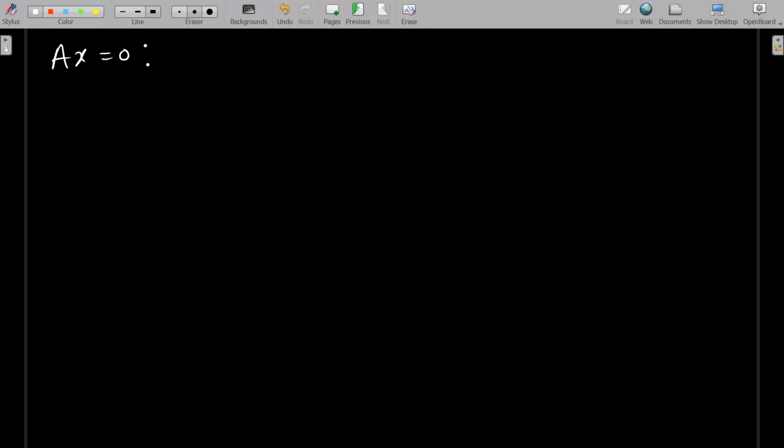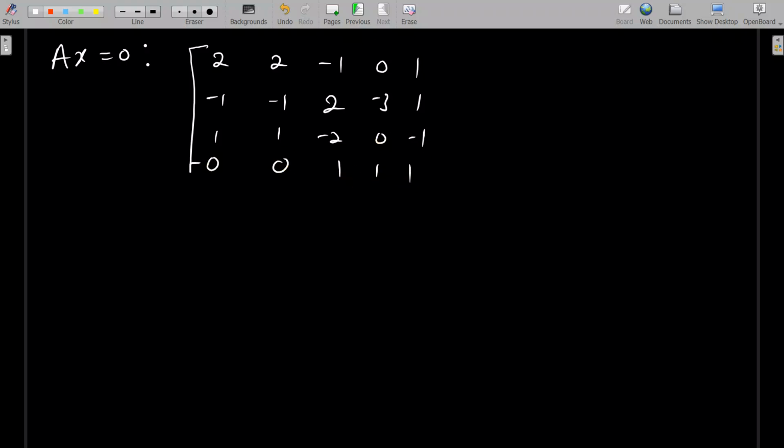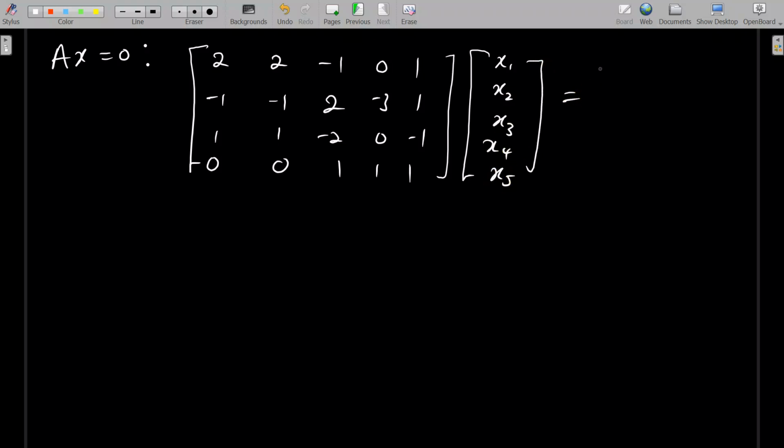What we mean in math is you write your A as 2 2 negative 1 0 1, then negative 1 negative 1 2 negative 3 1, then 1 1 negative 2 0 negative 1, then 0 0 1 1 1, times some x, which is x1 x2 x3 x4 x5, equal to the 0 vector.